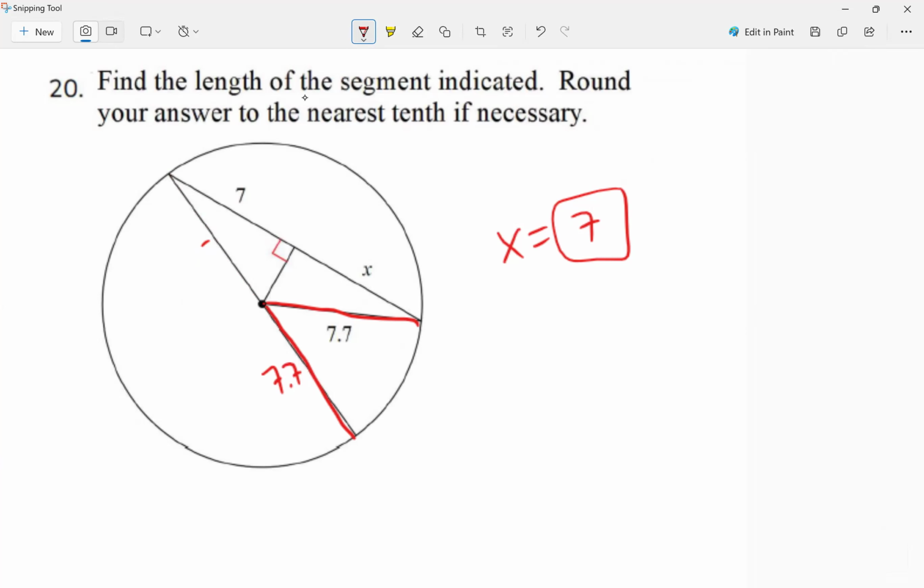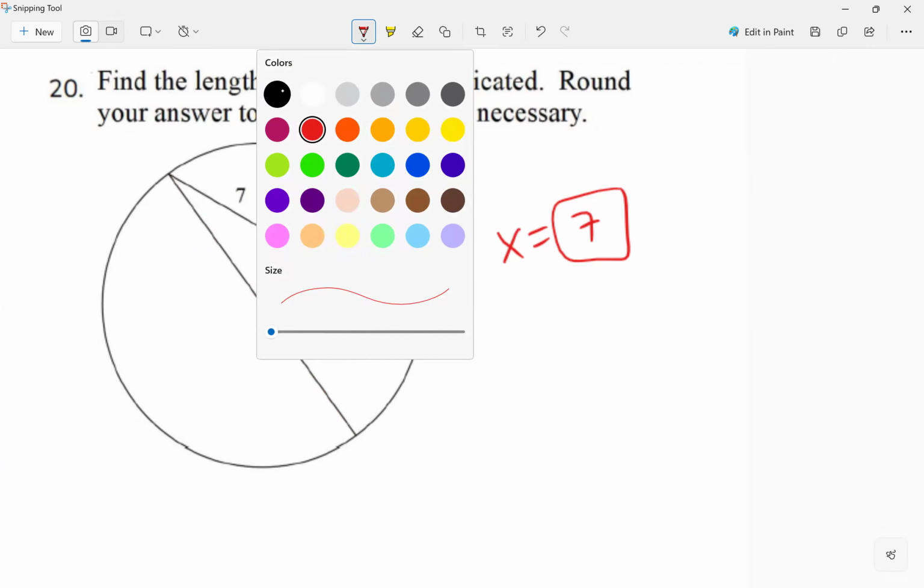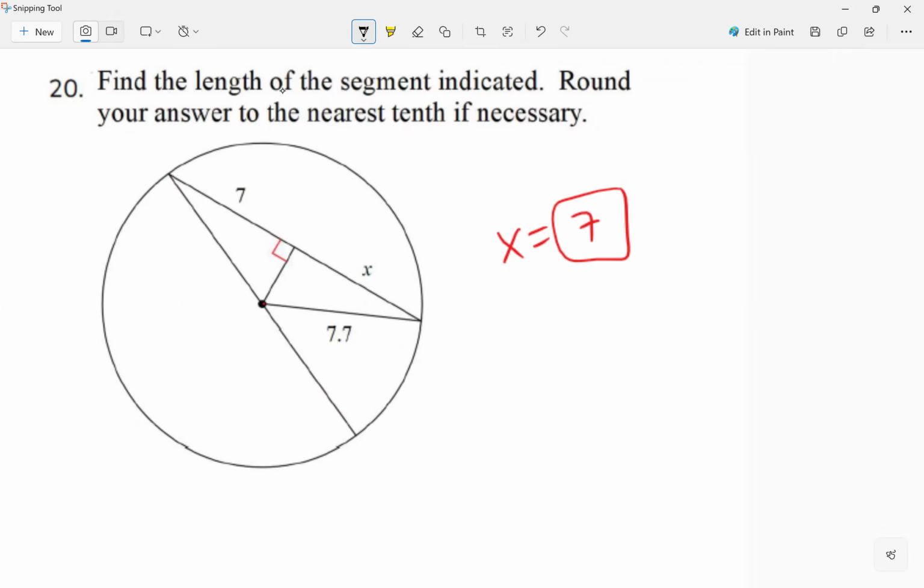However, sometimes, let's say I didn't give you the 7.7. So let me cross this out. Let's say I call this 15.4, and I'm going to put it right here in the center. Well, in that case, I'm not giving you the radius.